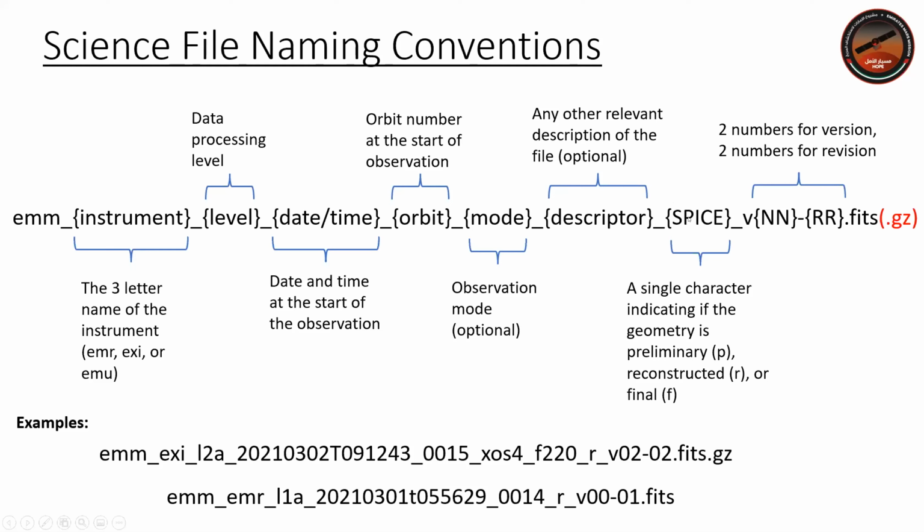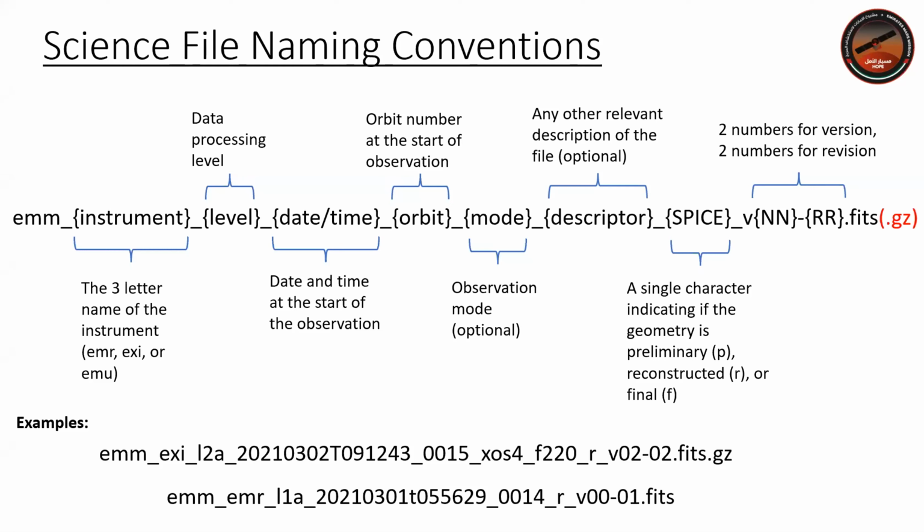Every science file also has a field that is just a singular letter that indicates whether the geometry located in the file is preliminary, reconstructed, or final. The geometry will no longer change. And then it ends with 2 numbers, 1 for version and 1 for revision.